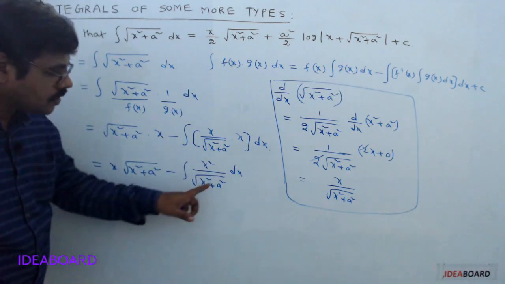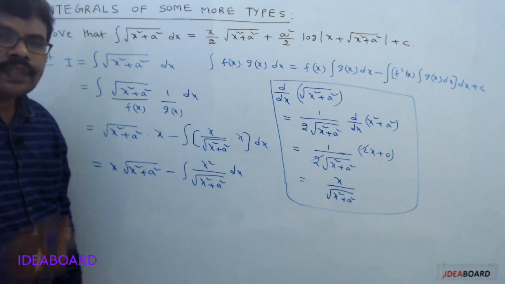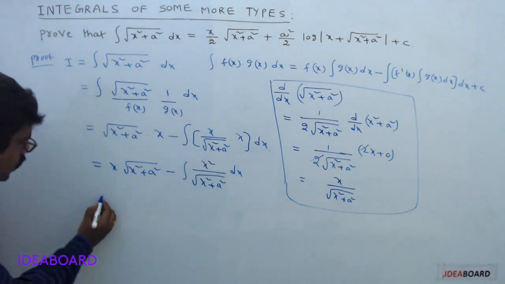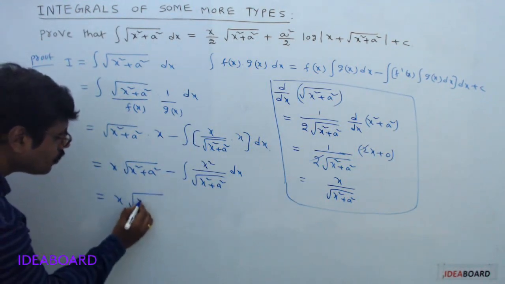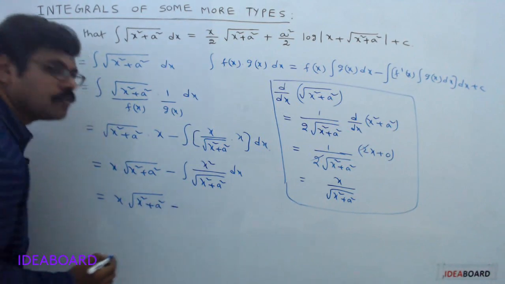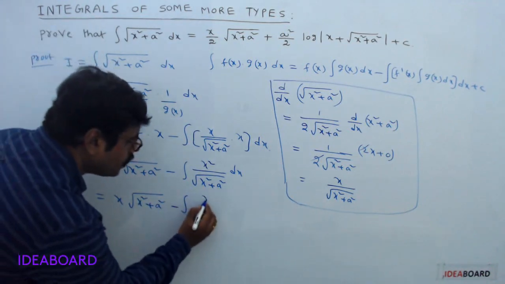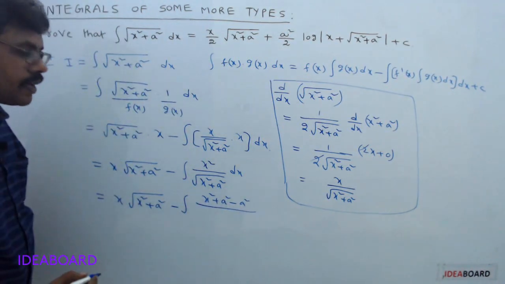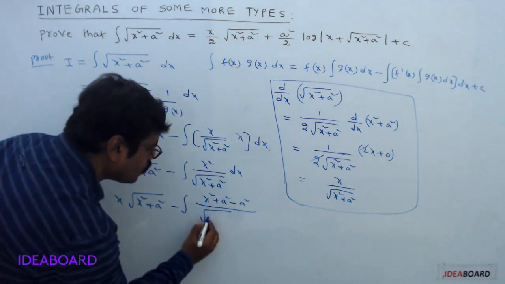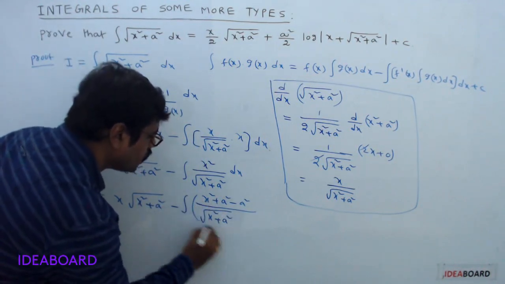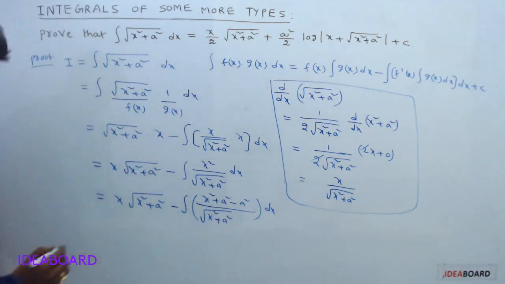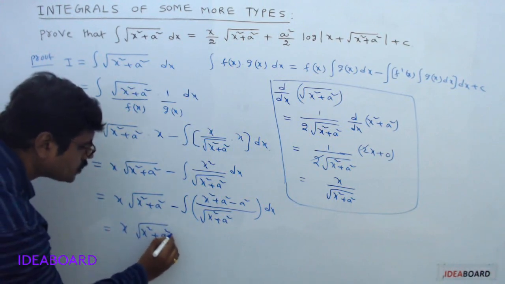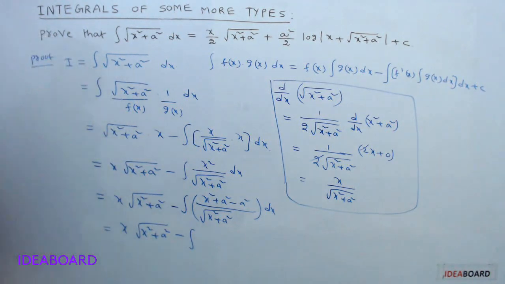Just add a square and subtract a square to this numerator x square. So it is x into square root of x square plus a square, minus integral of x square plus a square minus a square divided by square root of x square plus a square dx.